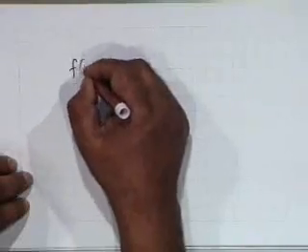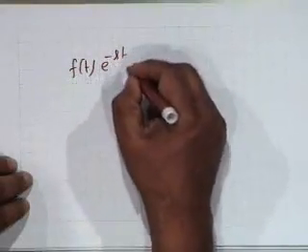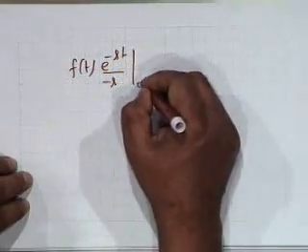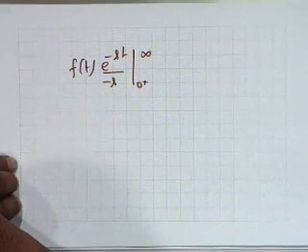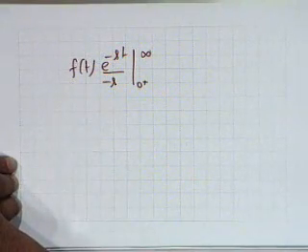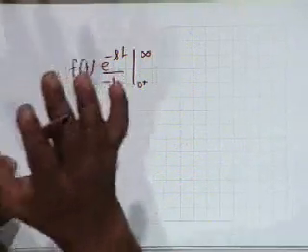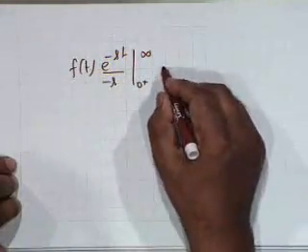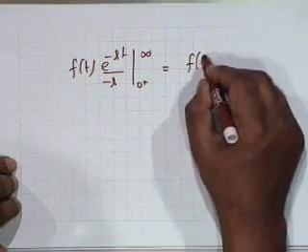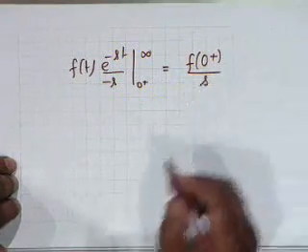If you look at the first one, that is f of t e to the minus st by minus s from 0 plus to infinity, well, if you put the upper limit infinity, obviously it will be 0, because sigma is positive, the ROC is real s greater than 0, and therefore this would be simply f of 0 plus divided by s.